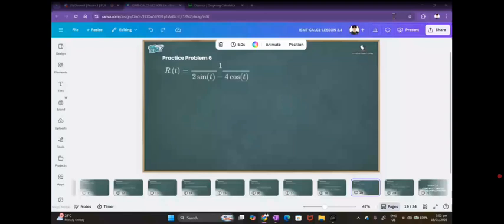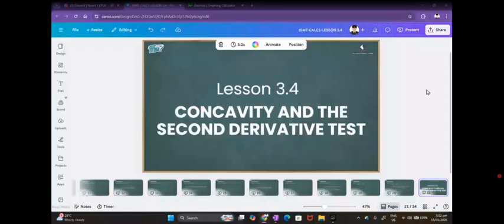Let's head on to the second topic or lesson 3.4, concavity and the second derivative test. Kaya ito ng 1 hour guys.